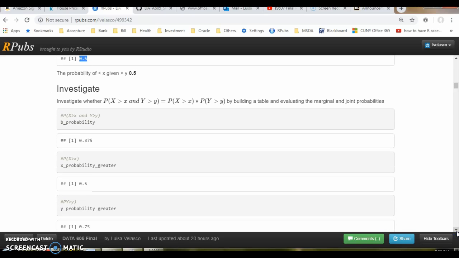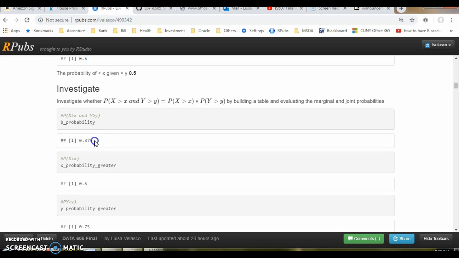So the next section investigates independence. Using this formula, the probability of x and y is equal to the product of the probability of x and the probability of y.